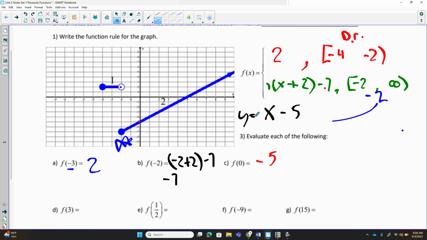Anybody else write it as x minus 5? Did not use point slope form? Why did he choose that over point slope form? It is less work because of what was showing. Yeah, the intercept was clean. It was right there. So it was just easy to go ahead and write the slope-intercept line. And you can do that, okay? If you spot that and it's a nice clean point, please do that, all right? I don't care. If you wrote it like that, it's great. I'll accept both, okay?